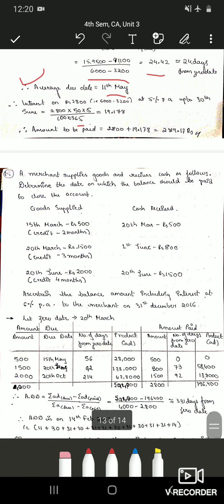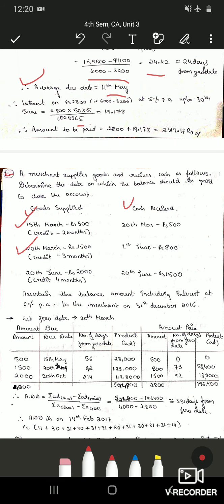So the 15th problem is, a merchant supplies goods and receives cash as follows. Determine the date on which the balance should be paid to close the account. They have given a list of when goods are supplied and the cash received. On 15th March, rupees 500 of goods is supplied with a credit of 2 months.